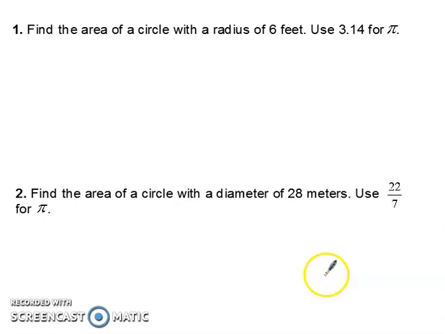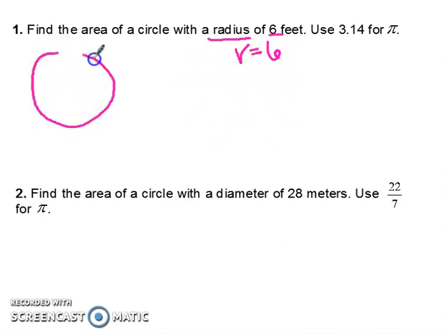All right, let's start reviewing. So it says find the area of a circle with the radius of 6 feet. They gave us radius is 6 feet. r is equal to 6. Now, if it's helpful for you, draw a picture. Draw your circle with the radius of 6 feet, and that might be helpful for you. But the steps are the same as the warm-up. Write the formula down.